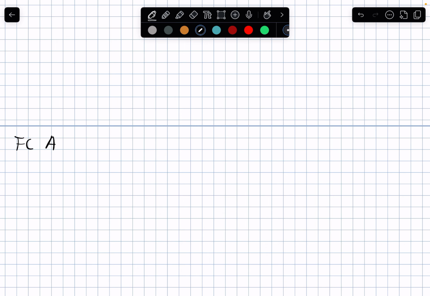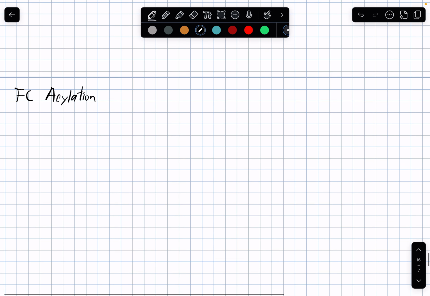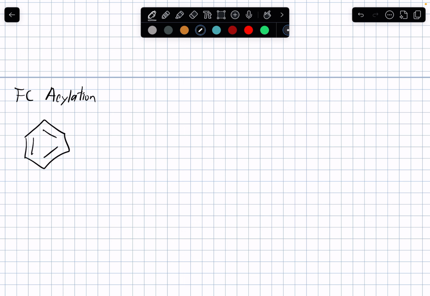Let's now move on to FC acylation. So the Lewis acid AlCl3 catalyzes the FC acylation by acid chlorides.